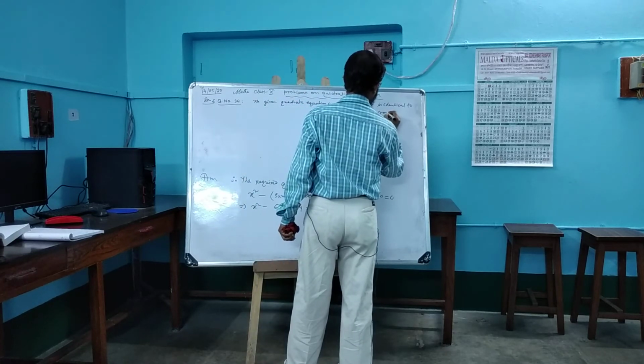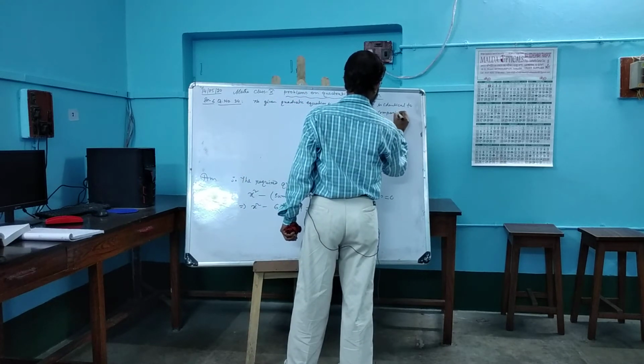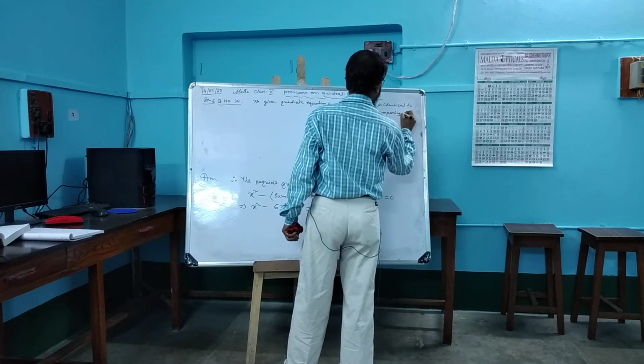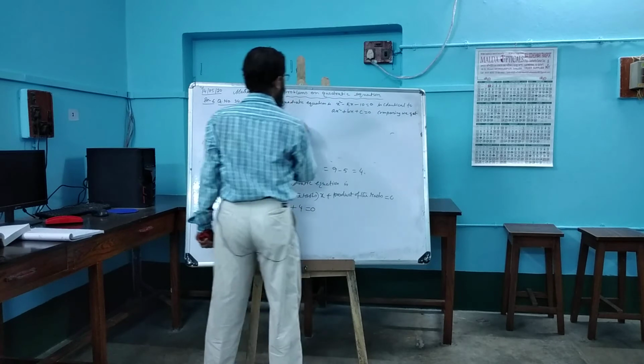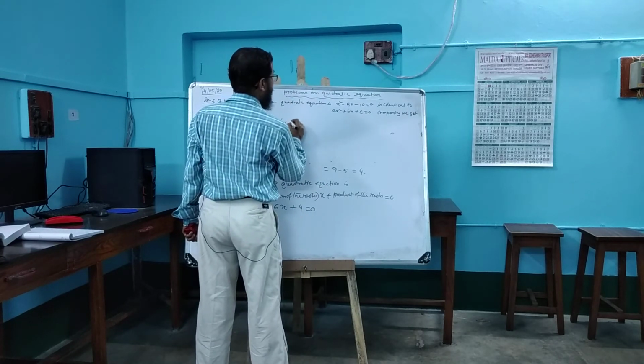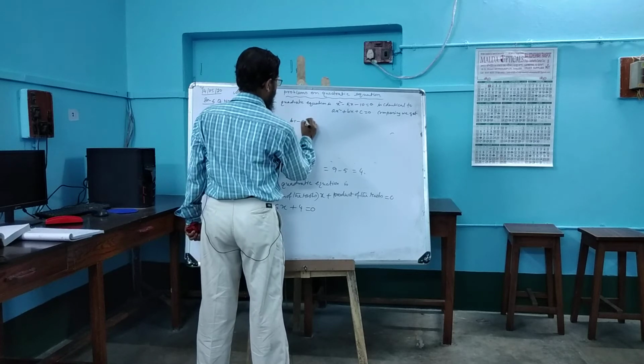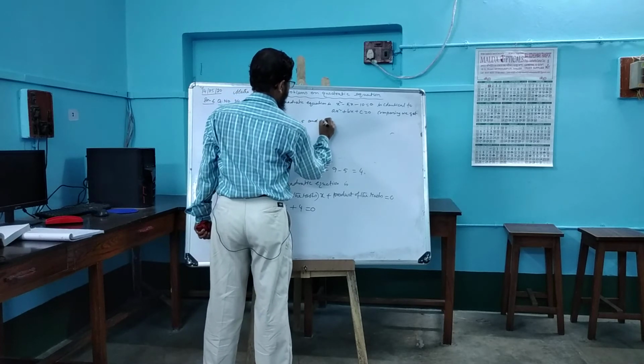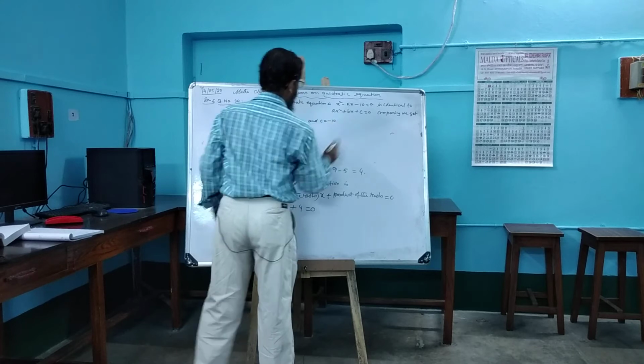Comparing, we get a equal to 1, b equal to minus 5 and c equal to minus 10.